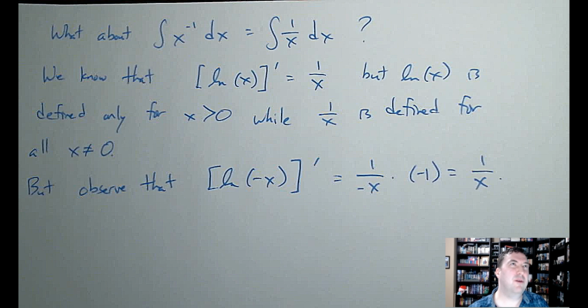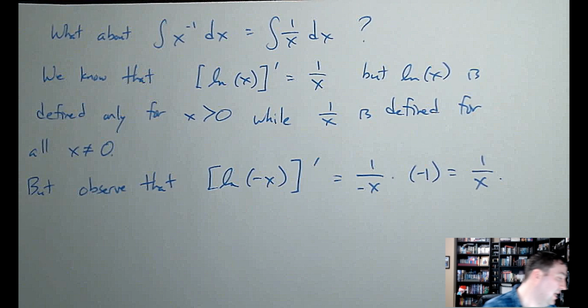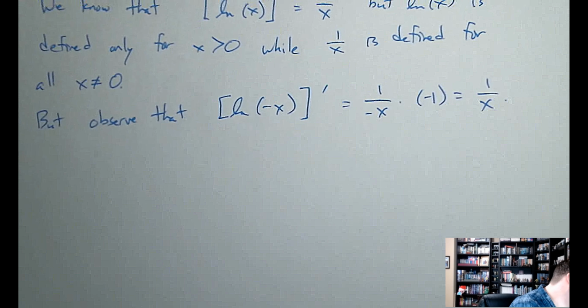But hang on now. x when x is positive, -x when x is negative. We've seen that before. That's the way we define the absolute value function as a piecewise function. So in fact, we can combine these results.